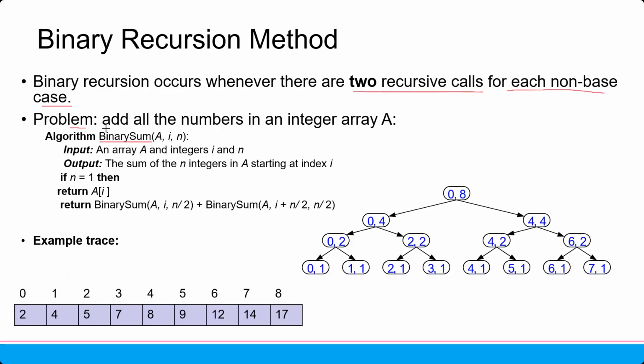The problem is to add all the numbers in an integer array A. So I have this array: 2, 4, 5, 7, 8, 9, 12, 14, and 17. I want to add those numbers by splitting the numbers. If you still remember the binary search, what is binary search?